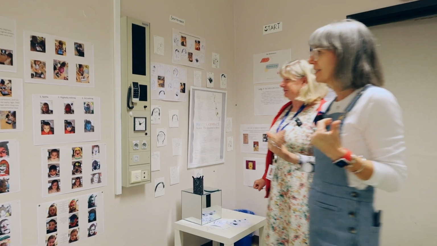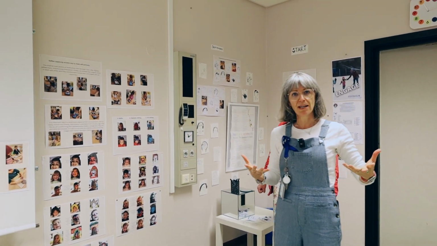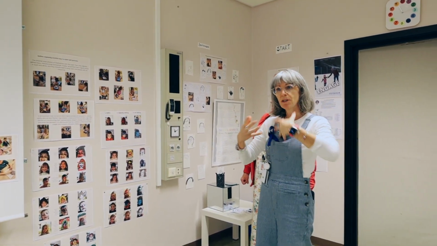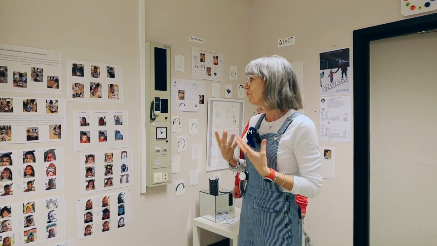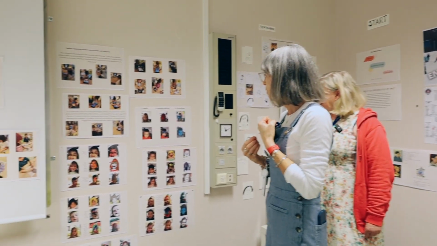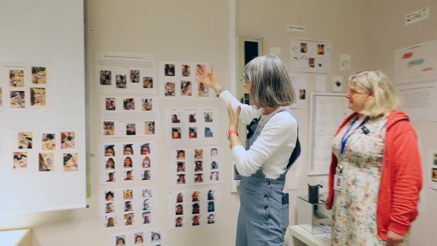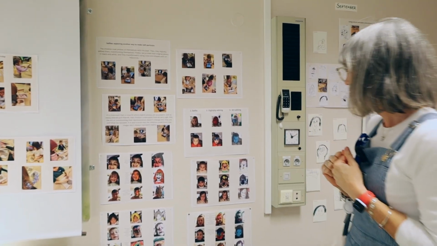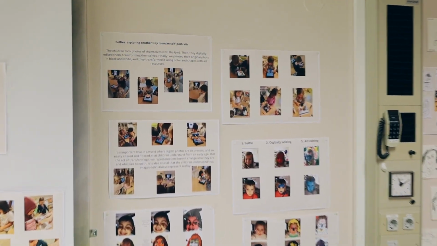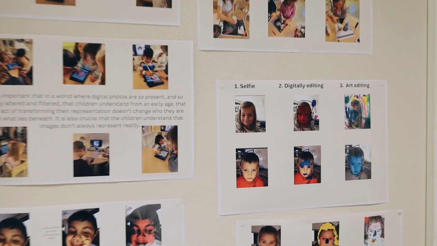After that, we asked them, is there another way to make a self-portrait? After some questioning about what kind of tools we could use, we went to the idea of making a selfie. The children used the iPad and made a selfie of themselves.